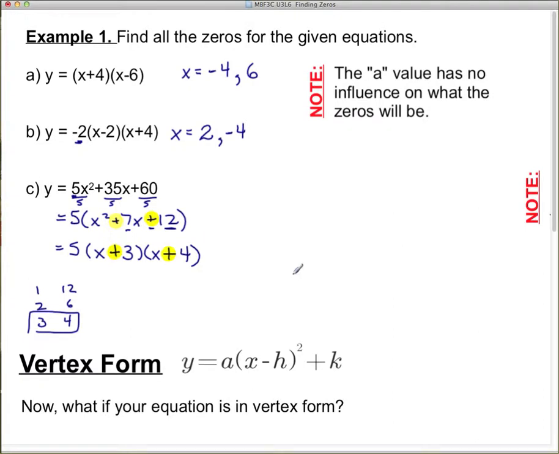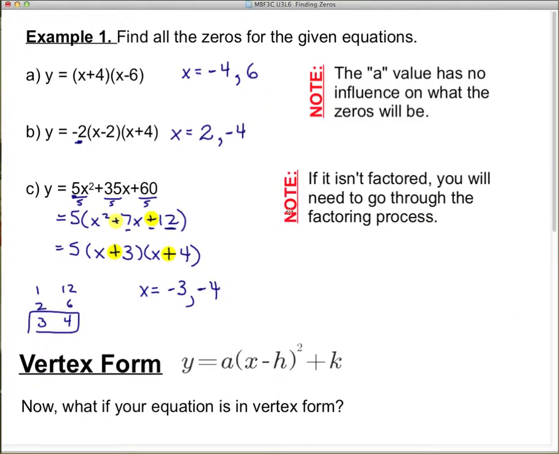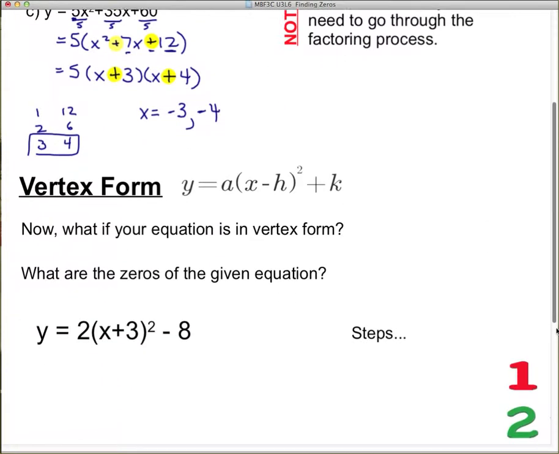So now I just have to figure out, what do I put in to make those brackets 0? Well, that's going to be a -3 in there and a -4 in there. Now, what does this say out here? Note, if it isn't factored, you will need to go through the factoring process. One up on that note there, we've already done it.